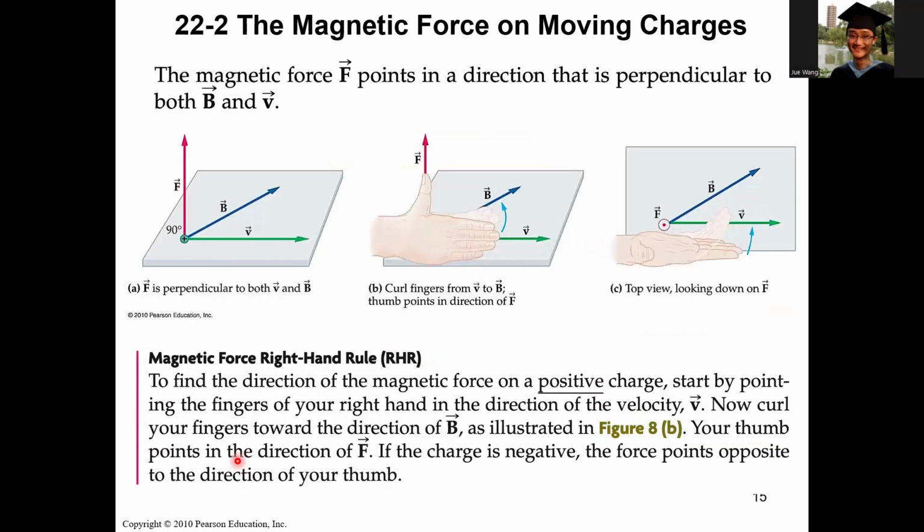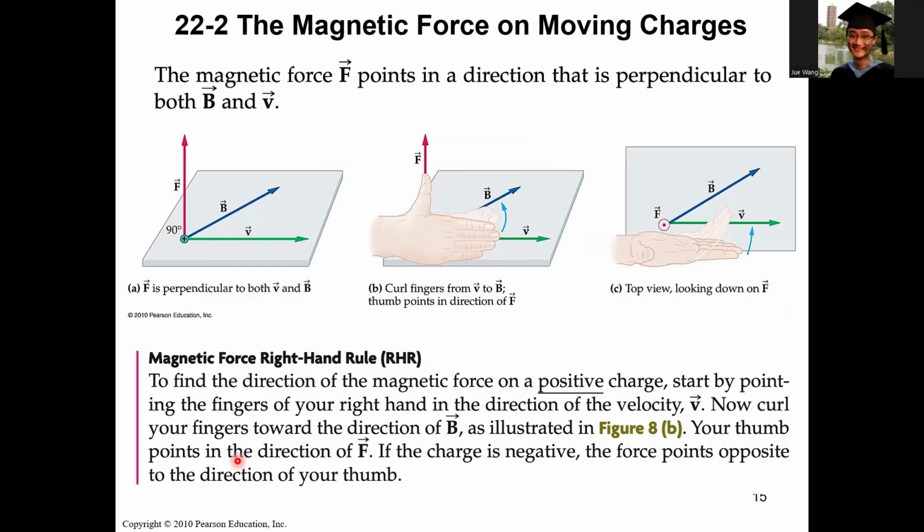Importantly, how do we find the direction of the magnetic force on a charge? There's a right-hand rule. We point our fingers towards v, and then curl our fingers towards B. We use our right hand, and the thumb will point towards the magnetic force direction.